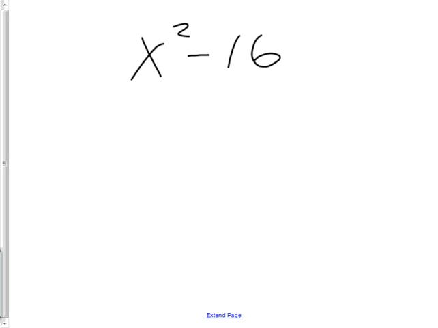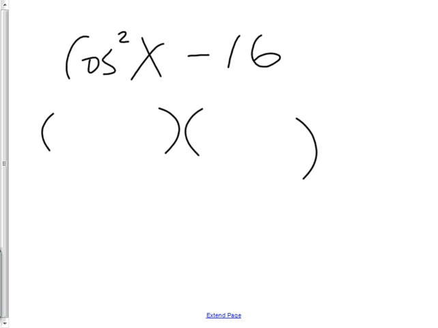So what if it was cosine squared x minus 16? What would that be? Cosine x plus 4, minus 4. All right.